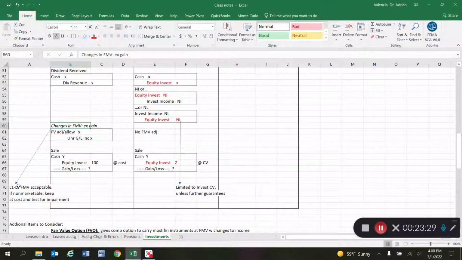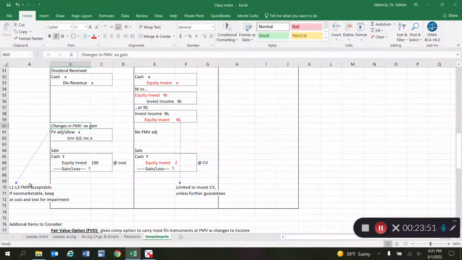And the way it works is that the FASB has a hierarchy of fair market values, levels 1, 2, and 3. And all of these are acceptable. So in the most ideal place, the most objective valuation is a level 1 fair market value. On the other hand, if you don't have the option to get a level 1 fair market value, you might be able to get a level 2 fair market value.